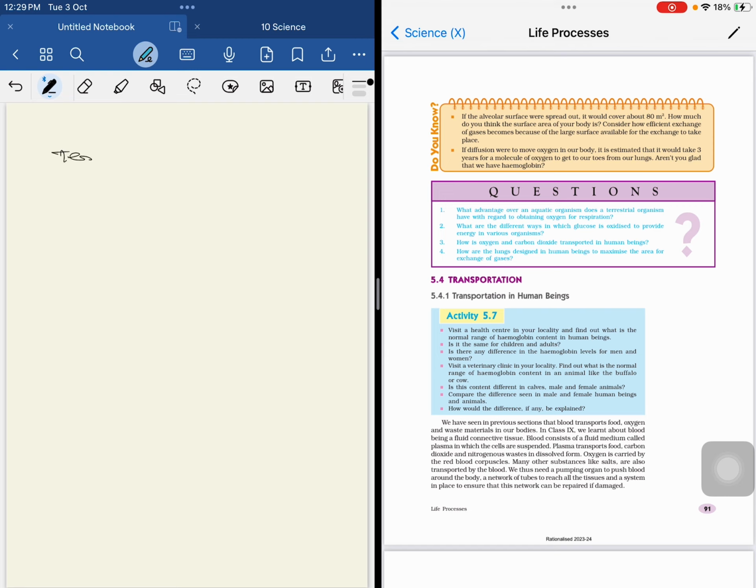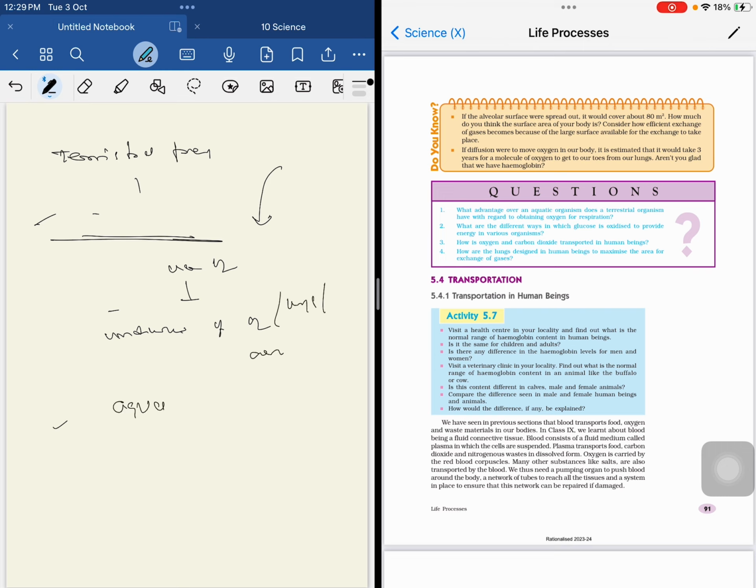They use oxygen directly present in the air, so they use the undissolved form of oxygen. Aquatic organisms use the dissolved form of oxygen present in the water, which is a smaller amount.